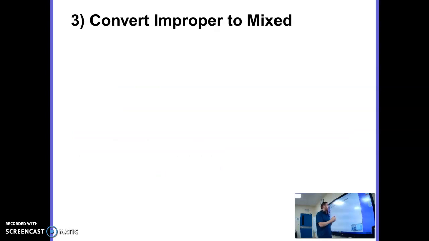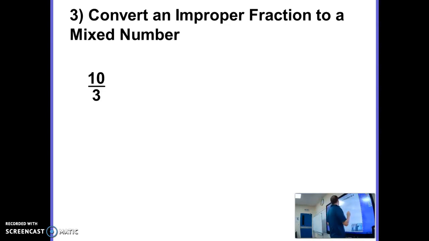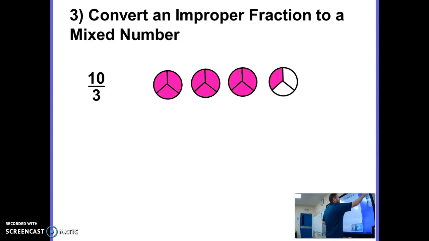Now going back the other way, so converting an improper fraction to a mixed number. Improper fraction to a mixed number. Here's an example, 10 over 3, 10 thirds. Again, let's try and picture this, so let's see what that would look like. Well, if we're dealing with thirds, I'm going to have 1, 2, 3, 4, 5, 6, 7, 8, 9, 10.